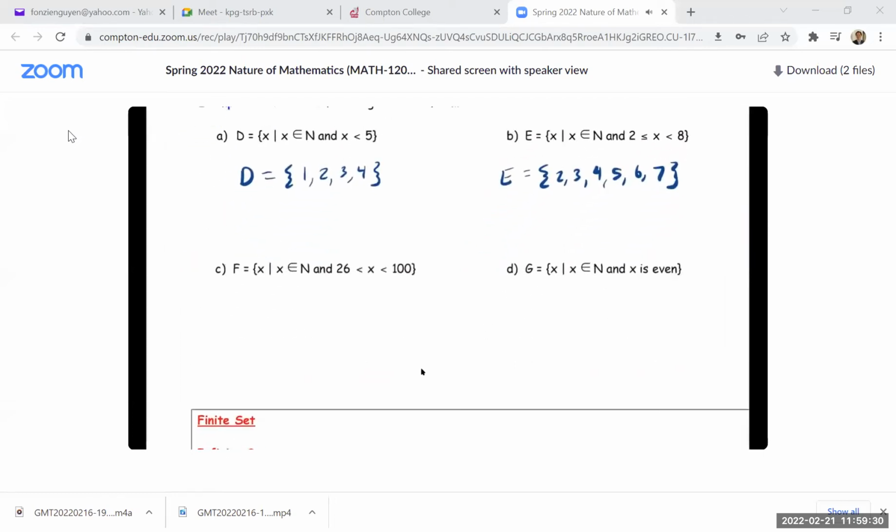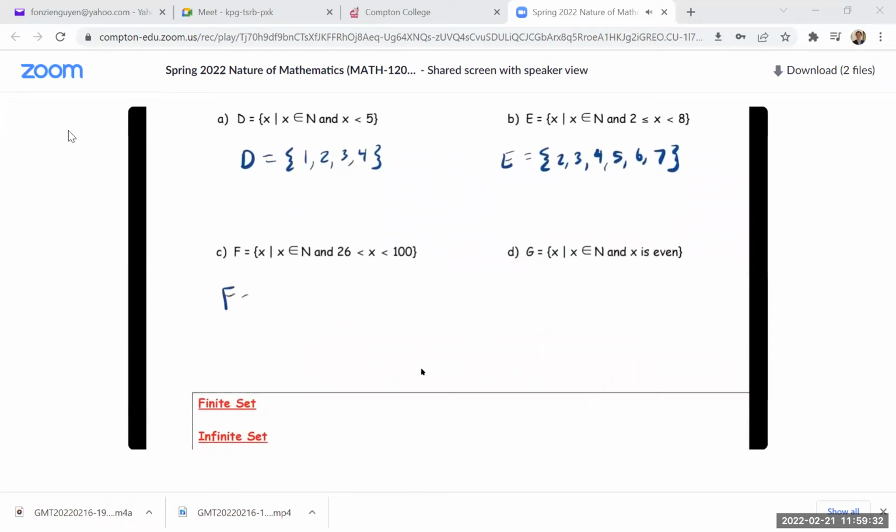Next one is F equals. What numbers would be in it? 27, 28, 29, comma, dot, dot, dot, then 99. Very good. The dot, dot, dot is just because we don't want to write all the numbers in between. That's going to be way too long.